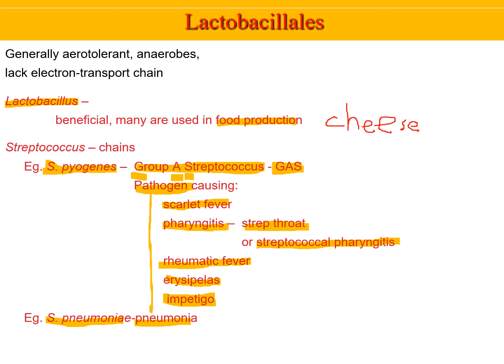And I mentioned to you that the encapsulated form, the form that has a capsule, is more pathogenic because the capsule inhibits phagocytosis by phagocytic cells like macrophages or neutrophils, and so the ones with a capsule are more pathogenic.